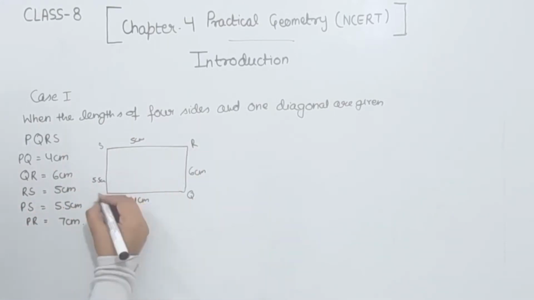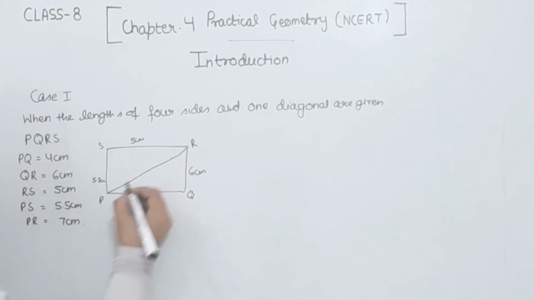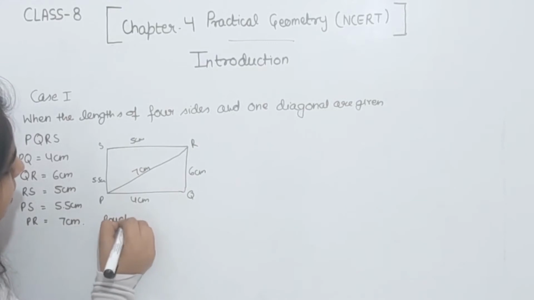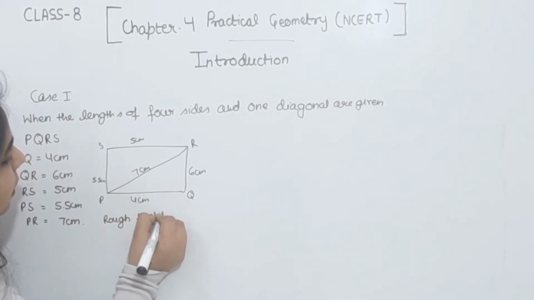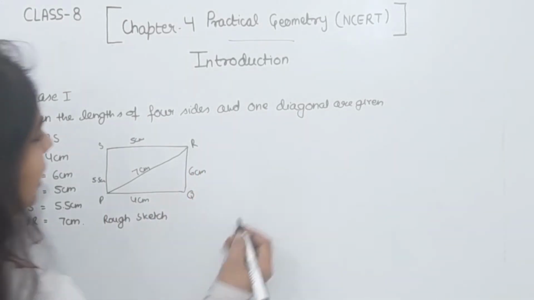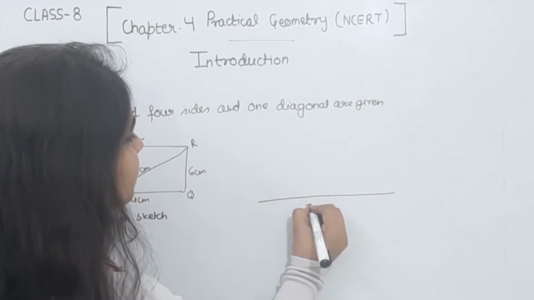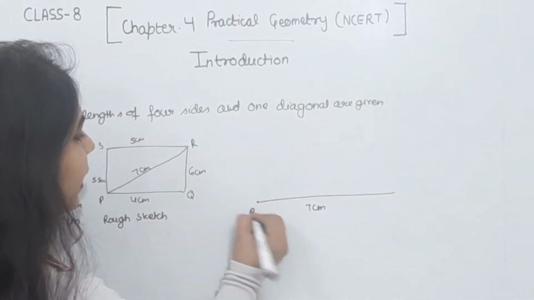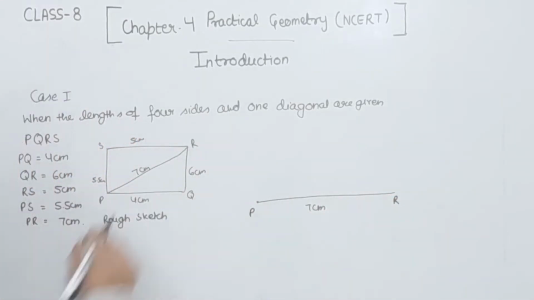Now PR, this diagonal, we are having as 7 cm. Now this is the rough sketch we are having of the given figure. Now we are going to construct this one. First of all, we are going to take PR as the base. This one will be 7 cm. So this is the P and this is the R. This is the diagonal we are going to take as the base.